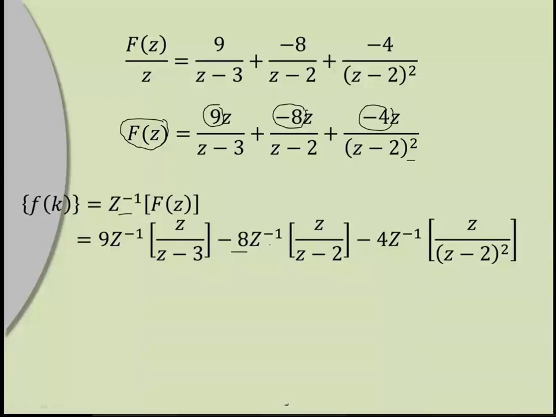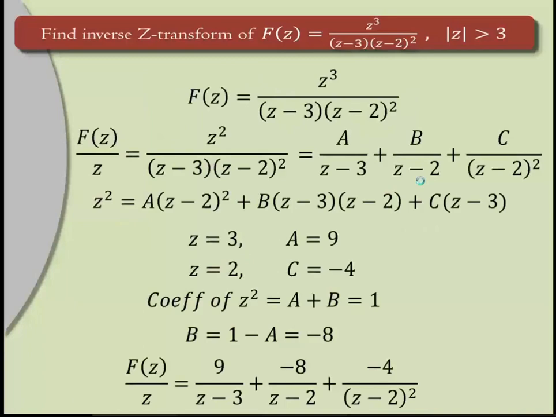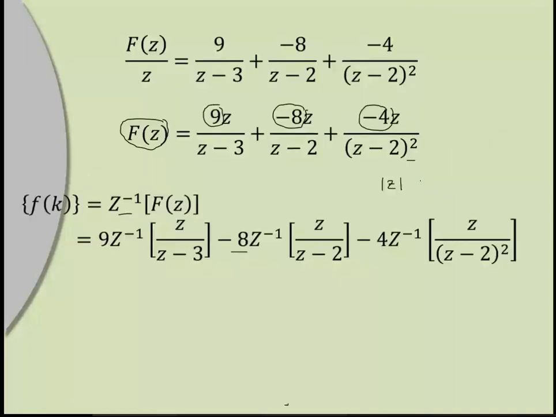Now, what do we know? We know that mod z is greater than 3. That is the condition, so we are using that condition. We have the formulas for these two kinds of terms, z upon z minus a and z upon z minus a square.